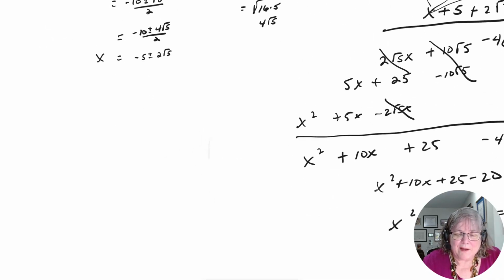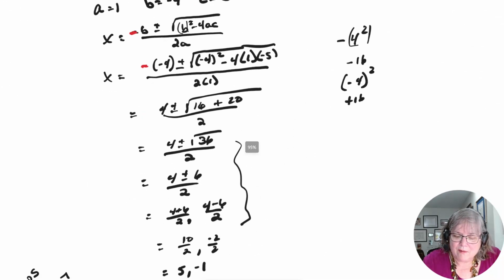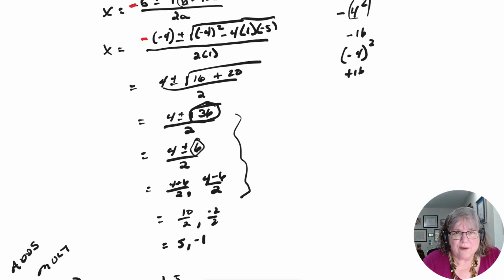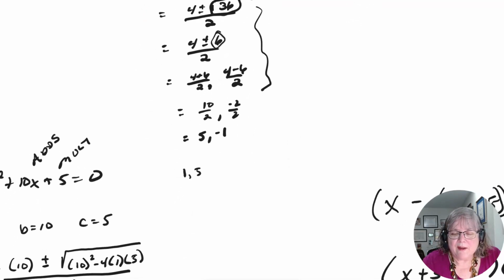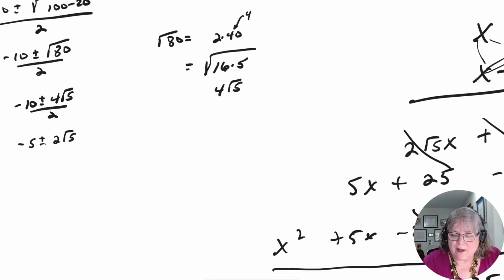Now, I did want to point out one thing. Okay, see right here, right at this moment, we had the square root of 36, which is a perfect square. So we ended up with a nice integer value from that. This thing right here is called the discriminant, the part that's underneath the square root. We have another video coming right up on that. But the discriminant tells you what kind of answers you're going to get before you actually solve it all the way out.